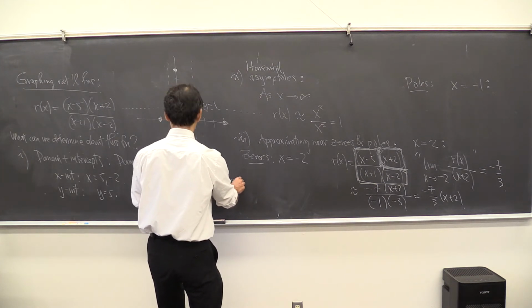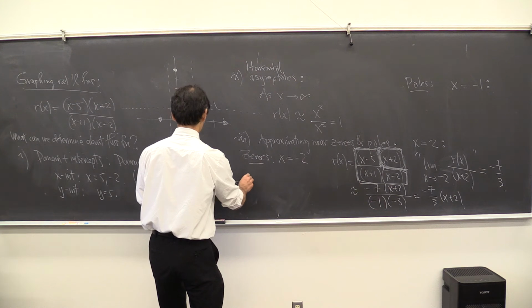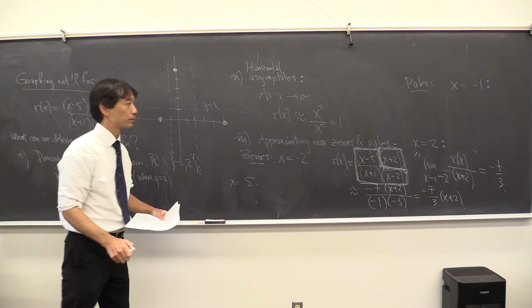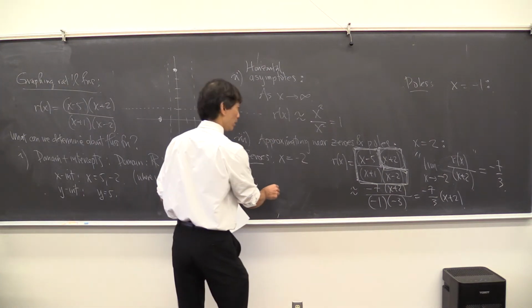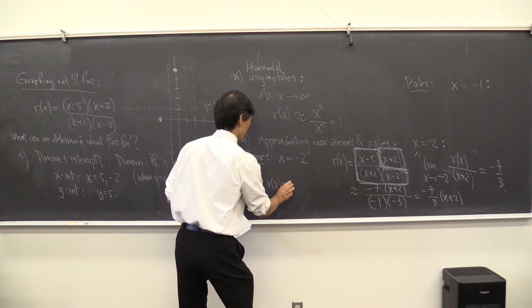So x equals 5. What does the r of x then going to be like?